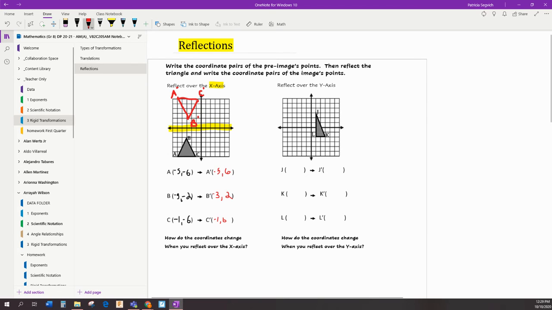So looking at these, how do the coordinates change when you reflect across the x-axis? So what's different between these coordinates and these coordinates? It's our y, right? When we reflect across the x-axis, our y coordinates change sign.